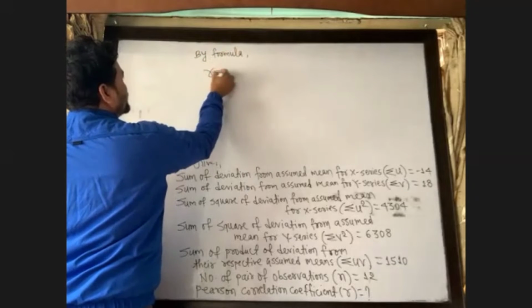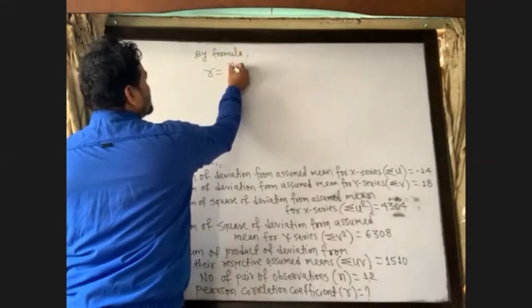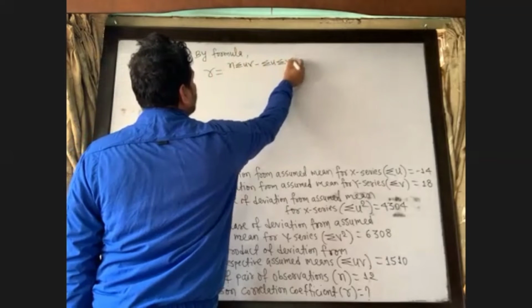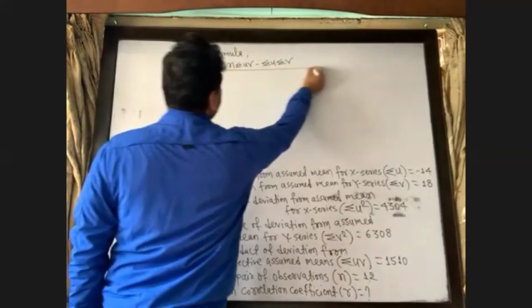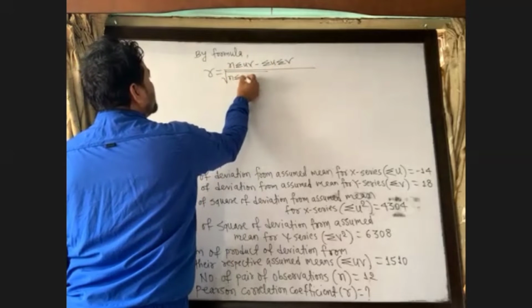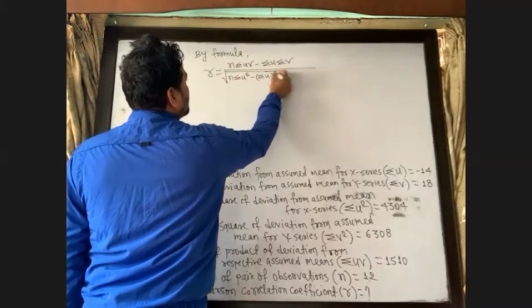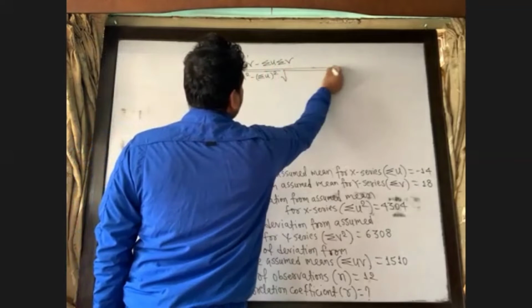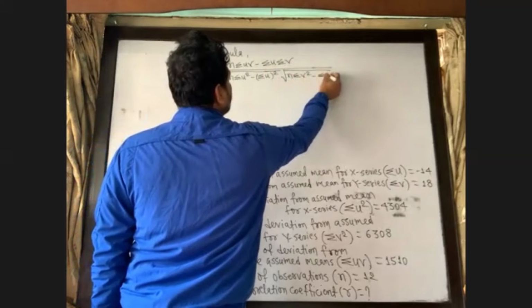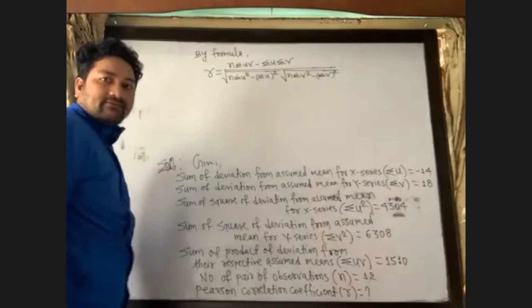R is equals to N summation UV minus summation U summation V, divided by square root of N summation U square minus summation U whole square, then another square root of N summation V square minus summation V whole square. This is the formula.